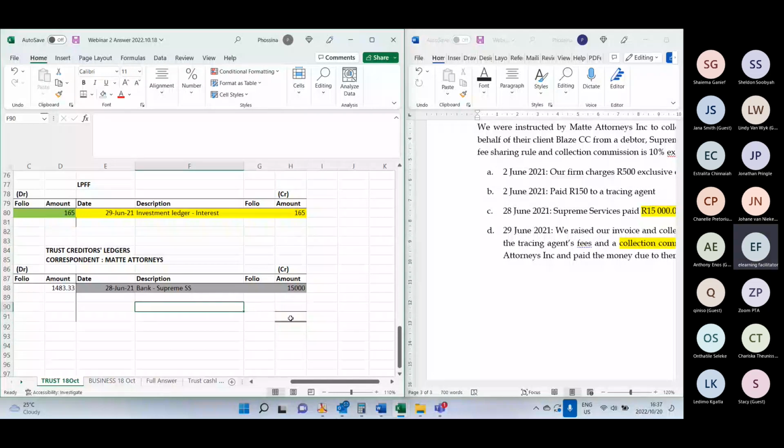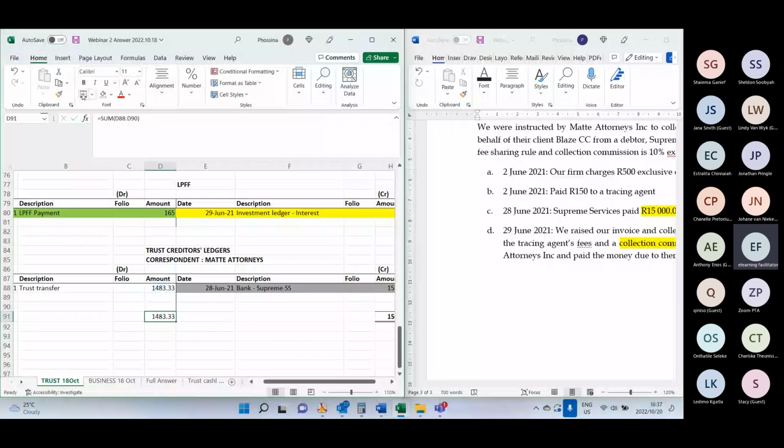Okay, so for us to balance off, then we are now balancing off our correspondent trust. This is the trust side. So we look at the side which is lower, and then see, this side is lower.